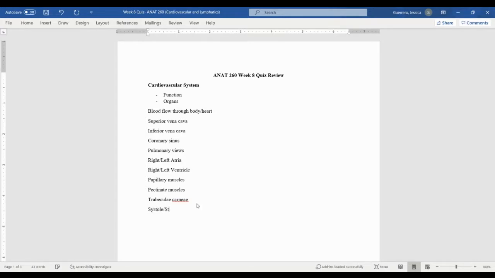Systole might also be systolic, so I just want to make sure that you see that. And diastole or diastolic. You might hear atrial systole or atrial diastole, ventricular systole, ventricular diastole. So make sure you're familiar with what those are and what occurs during those.